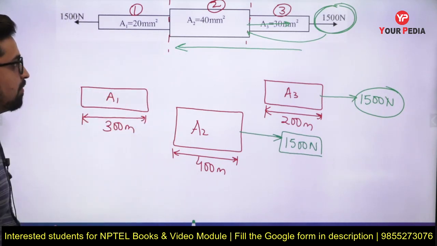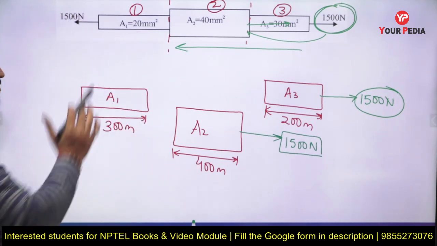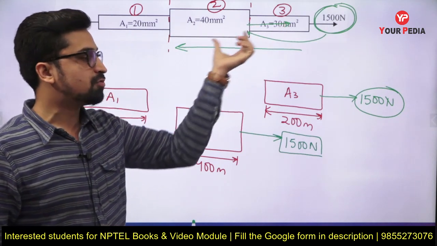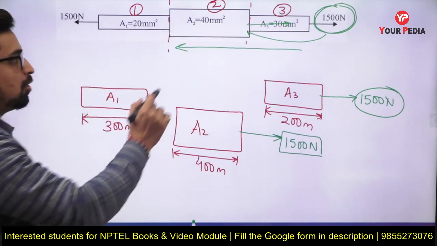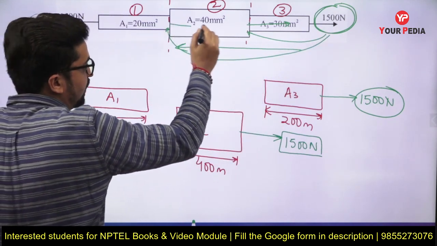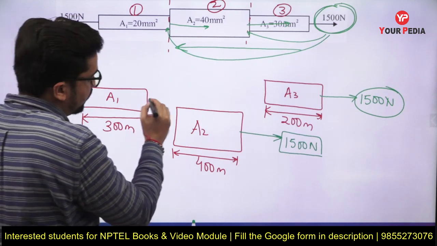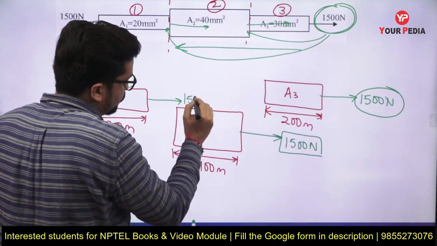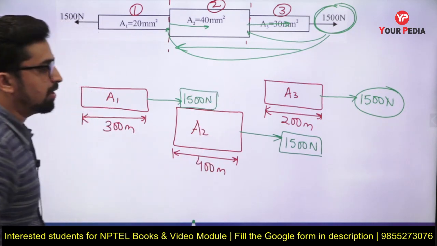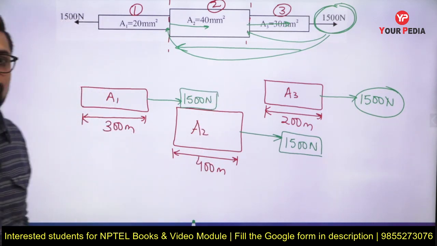After that, let us move on to the first bar. Similarly, there is no other force on these bars. Only this force will have the effect on the first bar, and it will be 1500 Newton only. So on the first bar also, the axial force will be 1500 Newton only.